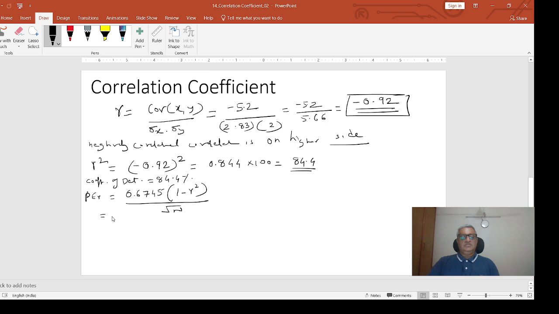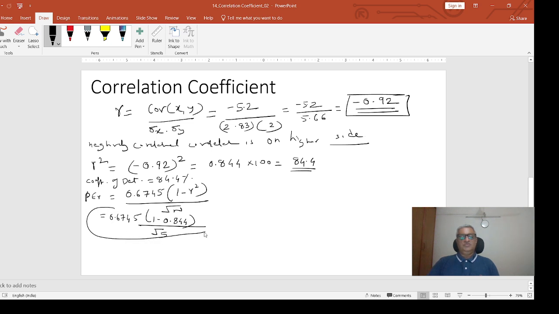So that is 0.6745 multiplied by 1 minus 0.844 divided by the square root of the number of observations, 5.